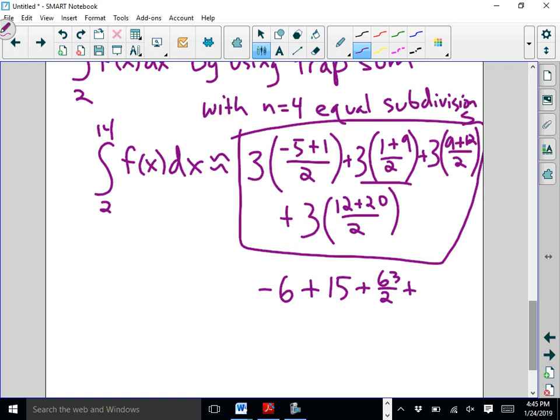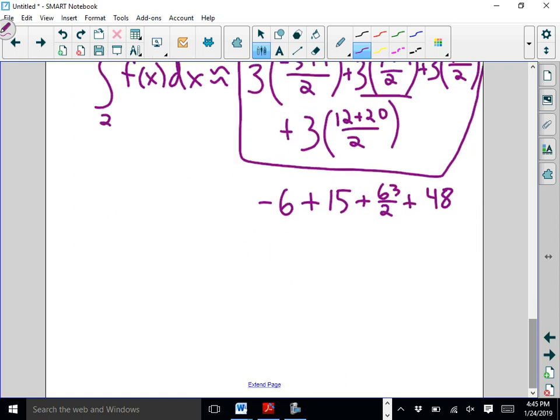And simplifying that down, negative 6 plus 15 is 9. So we'll call that 18 over 2 plus 63 over 2 plus 96 over 2. I'm just changing these all to be over 2.